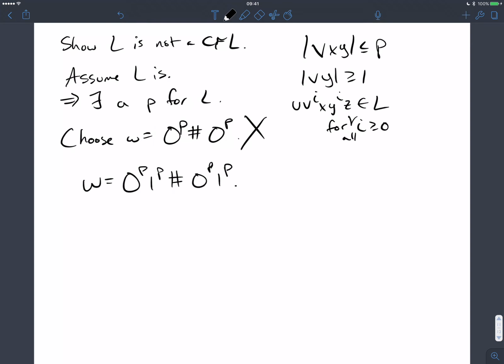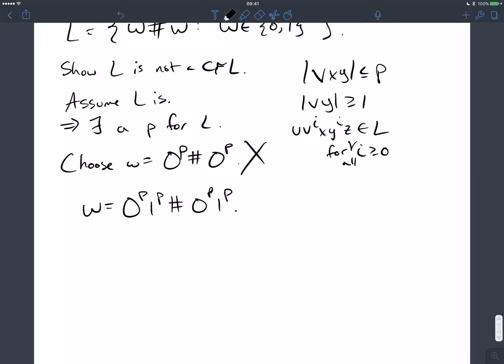And then what we're trying to show is, starting with a string in the language, for every decomposition of this string, you can pump out. It's just a complement of the statement. But if you found one that lets you pump out, that doesn't imply anything, because some other decomposition might work. Yep, so we have to show every decomposition.